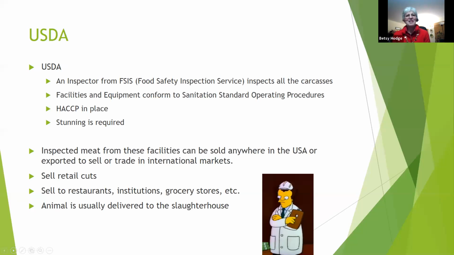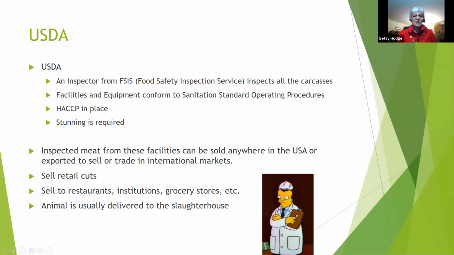I'm not coming up with the right words for the acronym, but basically it's the hazard control. And that's a big plan that all the USDA plants have to have. They also require stunning when the animals are slaughtered. Usually, animals are delivered to the slaughterhouse in this case, as opposed to in custom, which we'll talk about in a minute.